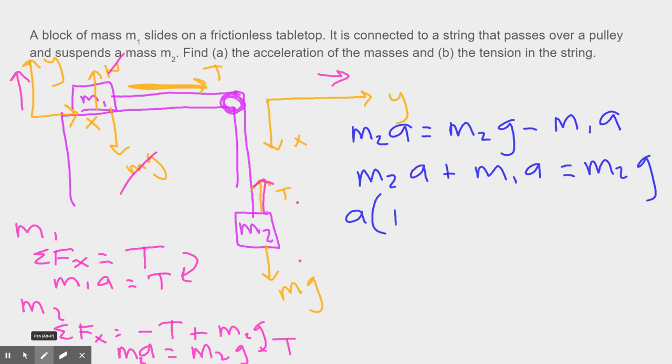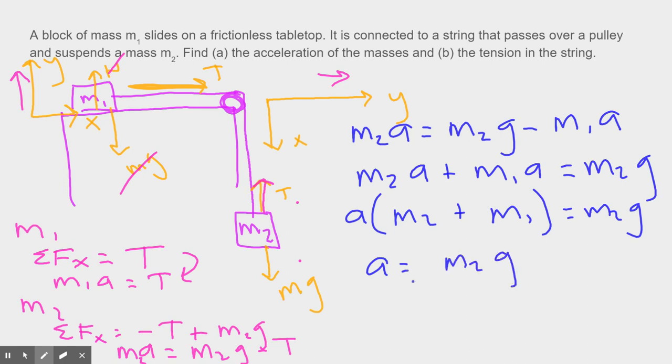We're going to pull out A, and we have A times m2 plus m1 equals m2g. From there, let's rearrange one more time, and we'll see that acceleration is equal to m2g divided by m2 plus m1. Okay, so there is our acceleration.